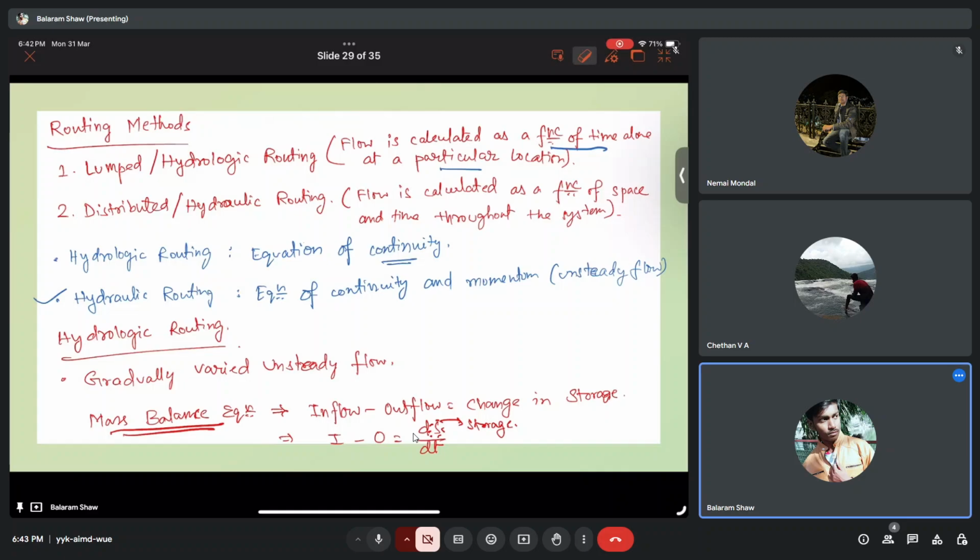Right. So we have seen that for reservoir routing, what we need is the storage elevation curve for the reservoir. Next we need the outflow elevation relationship, or the outflow elevation curve, for the outlet structure.